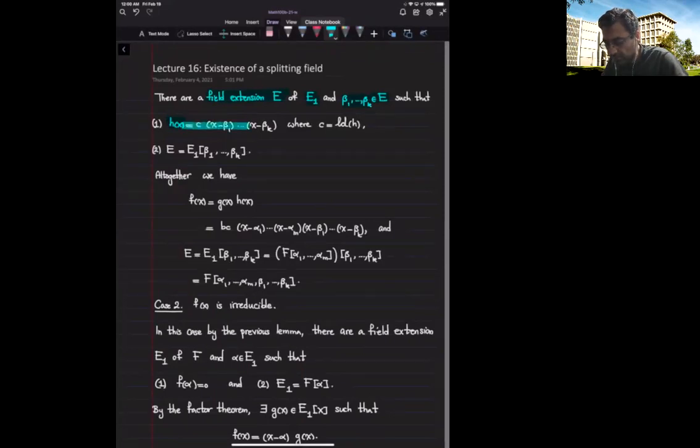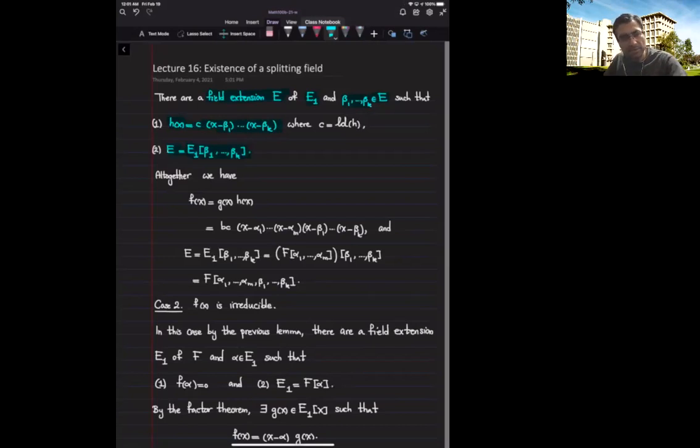I possibly need to multiply it by the leading coefficient of h, and E itself is generated by E1 and these added zeros, beta 1 through beta k. So again, this comes out of the strong induction hypothesis.